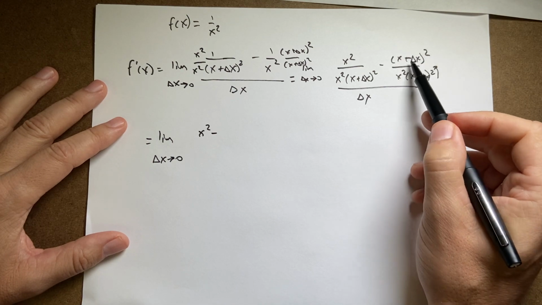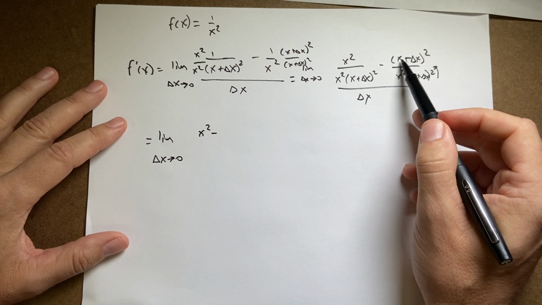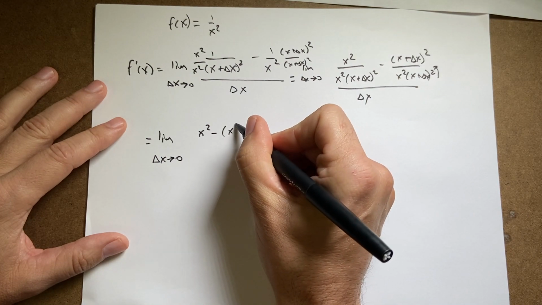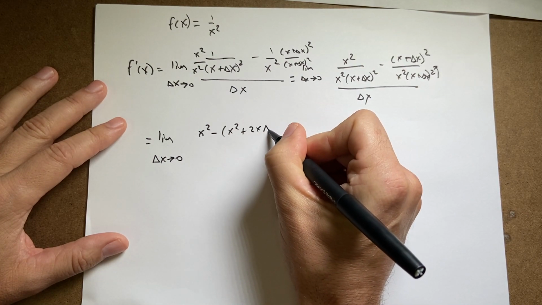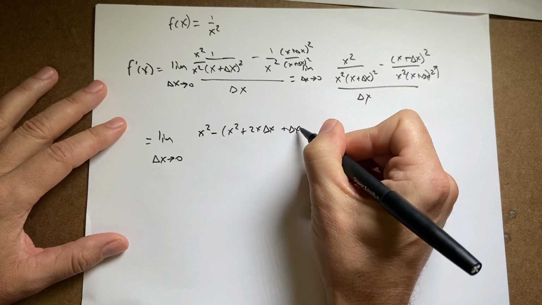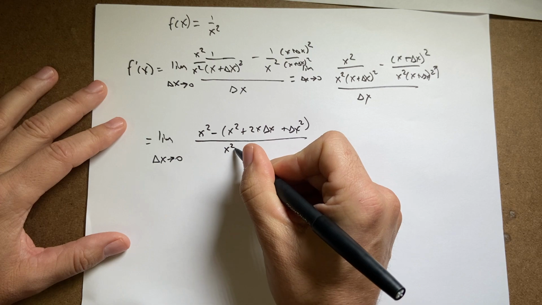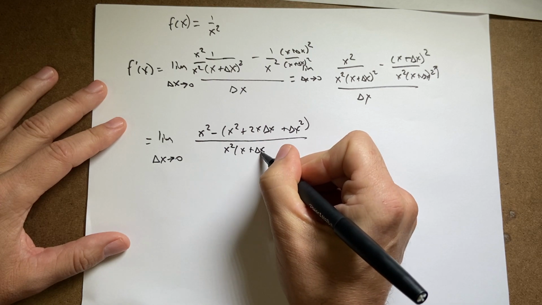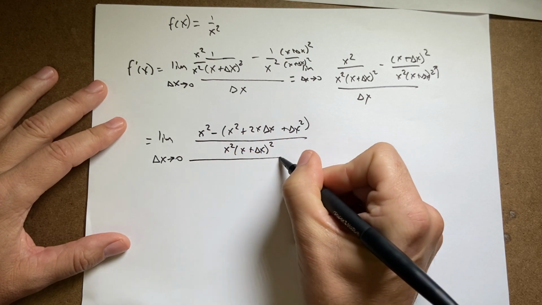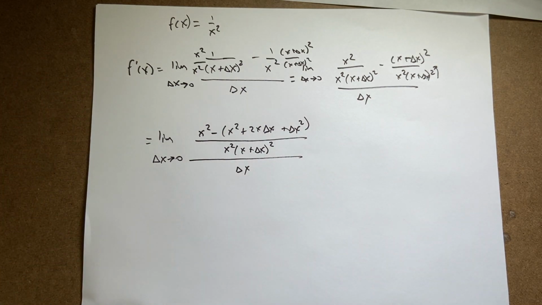Let's FOIL this. It's going to be minus x squared plus 2x delta x plus delta x squared, all of that over x squared times x plus delta x squared, all of that over delta x. I know it looks bad.